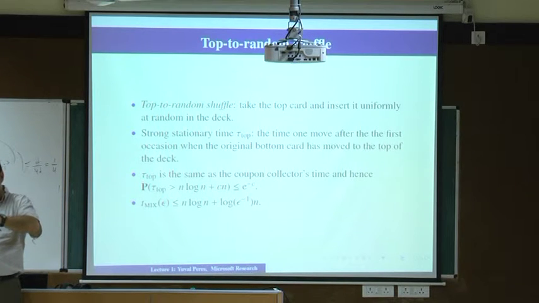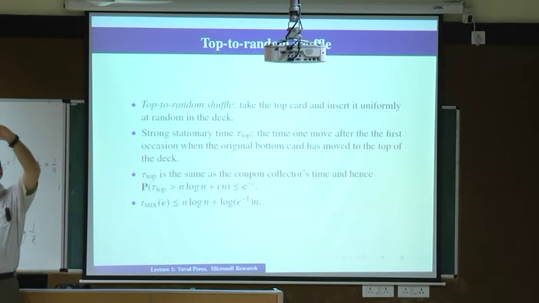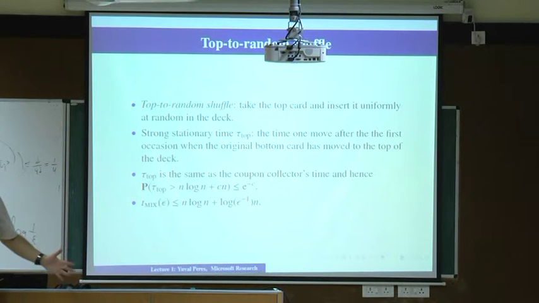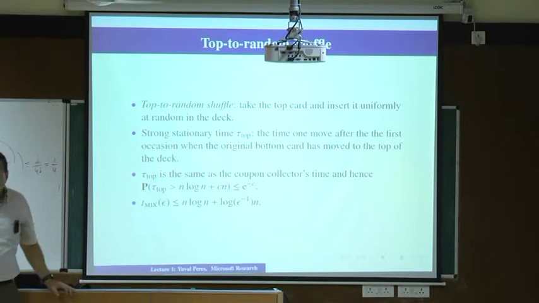If you continue this by induction until the original bottom card reaches the top, then all the other cards are under it, in a random ordering. Now you take this card, the original bottom card, which is a very special one, and move it out and put it in a random location.